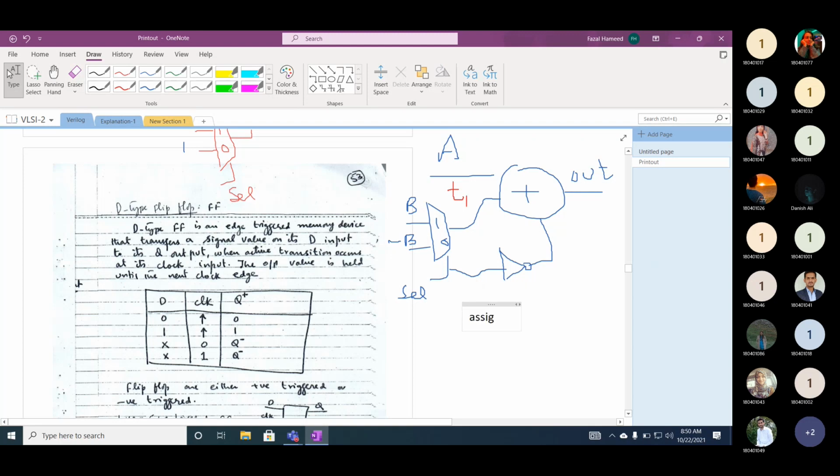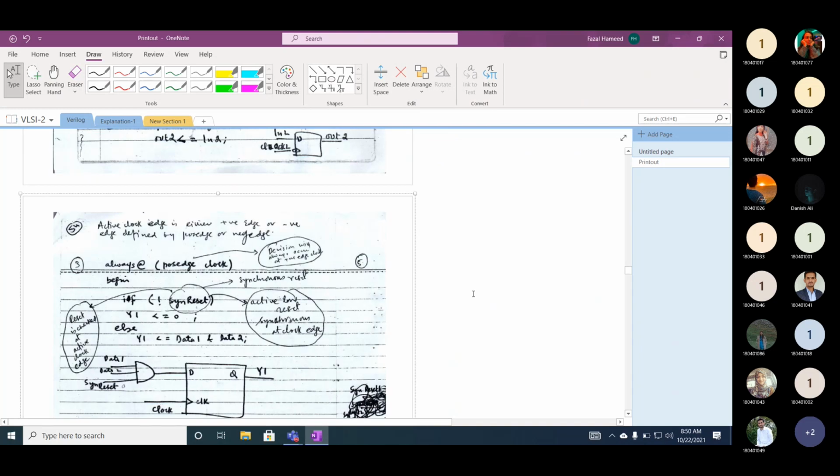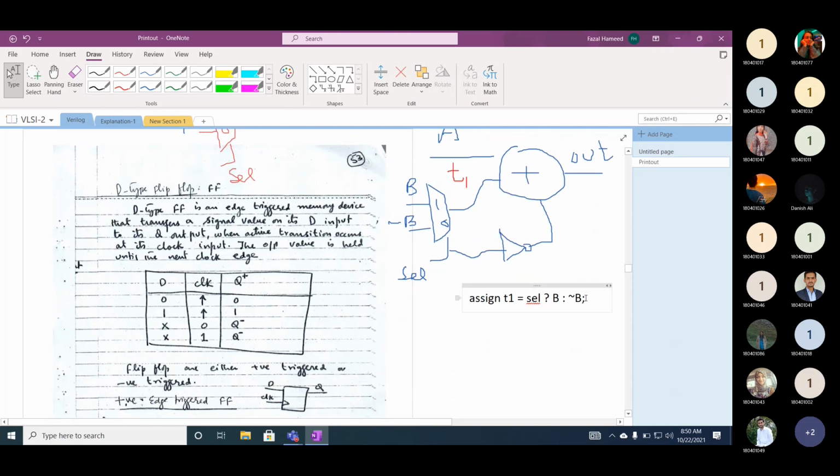Assign T1 equal to sel; if sel is true, B, if sel is false, inverted B. Assign out equal to A plus T1 plus not of sel.